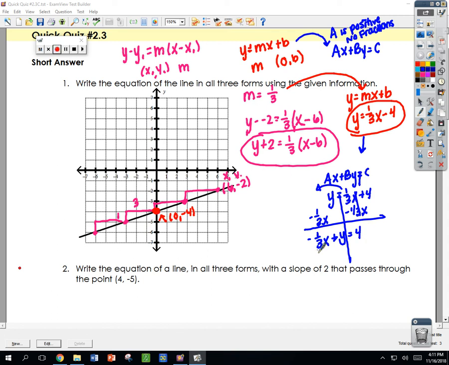I can't have a negative here or a fraction, so I need to get rid of that. In order to get rid of the fraction, this is 1 divided by 3, so I want to undo that. I'm going to multiply by 3, but I also want to get rid of the negative in front, so instead of multiplying by positive 3, I'm going to multiply by negative 3, because negative 3 times negative 1/3 is positive 1. Negative 3 times y is negative 3y, and then negative 3 times 4 is negative 12.